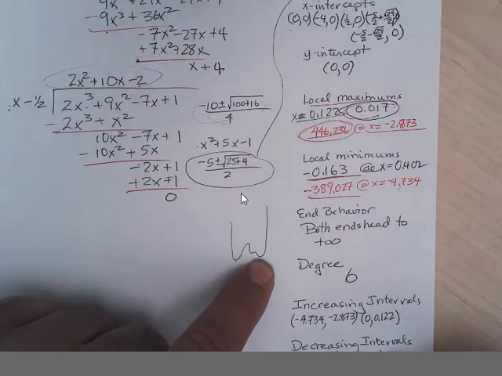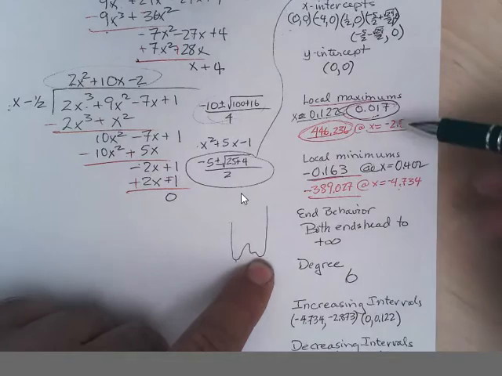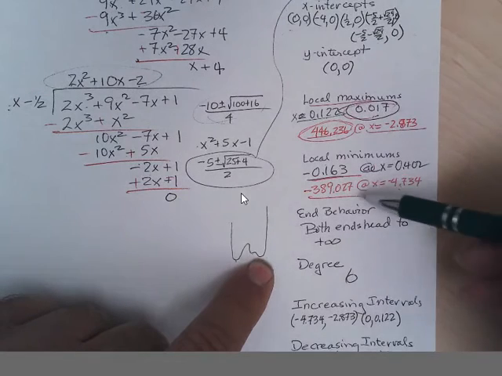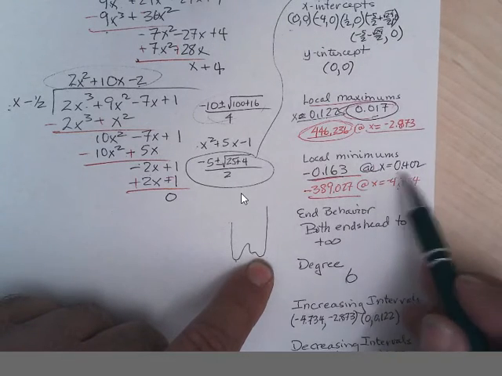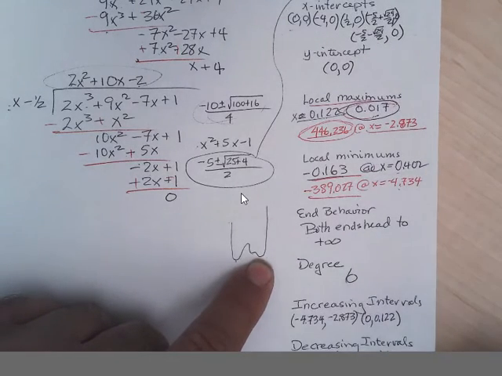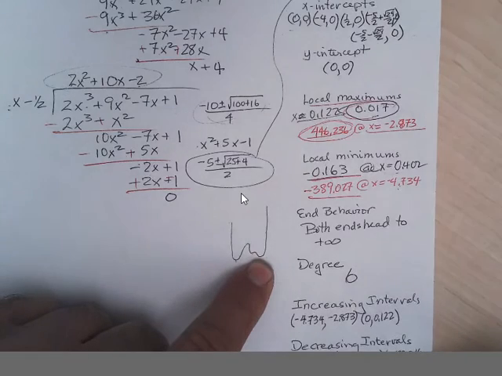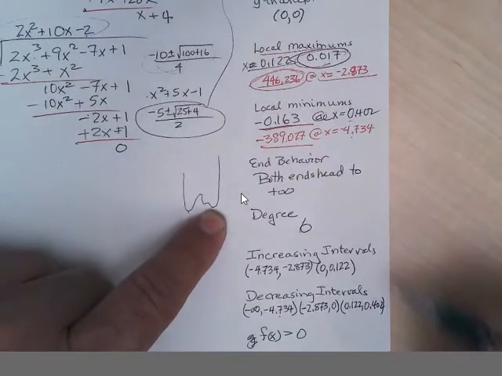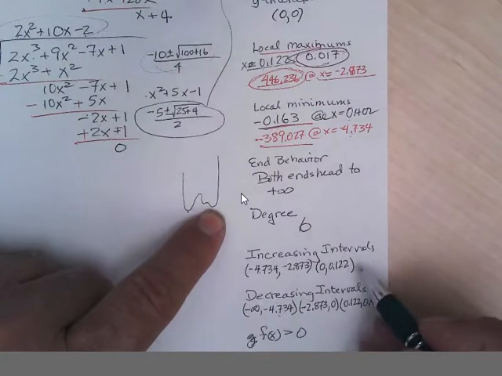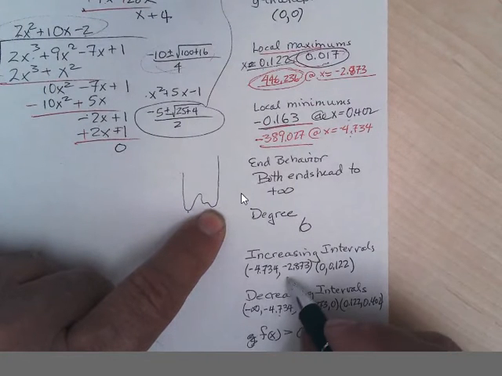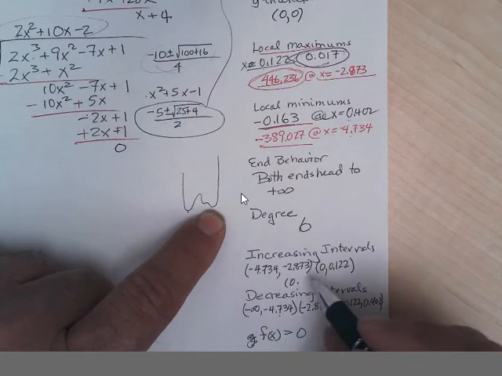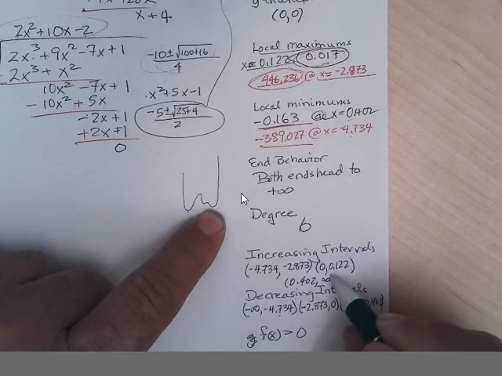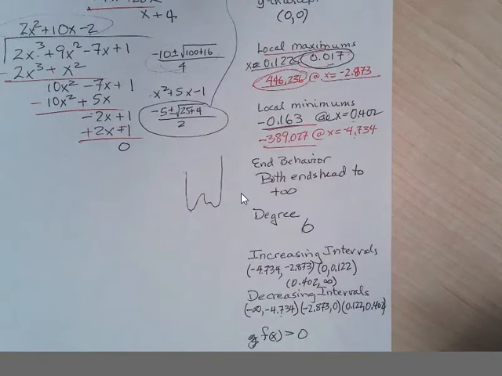So from 0.122 to the next local minimum, which was at that value, 0.402, it decreased, and then it increased the rest of the way from 0.402 to infinity. It increased.